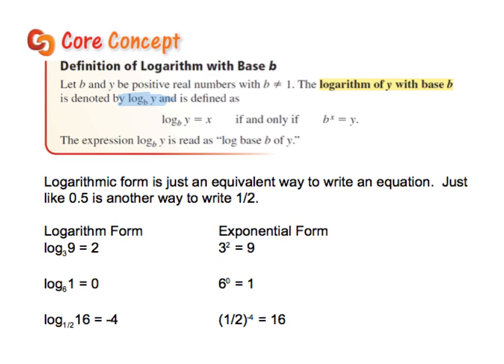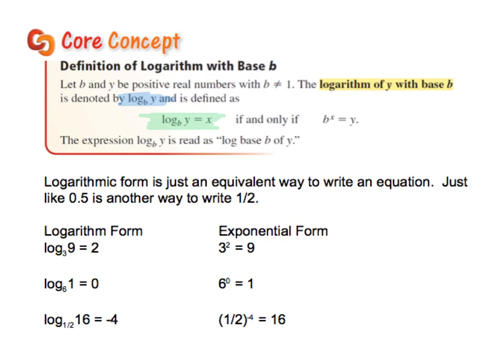And basically, much like we do with a lot of things, we can write the same problem in more than one way. So here on the left, what I'm highlighting in green, is what we would call logarithm form. Most of the time I'm just going to call it log, not logarithm. So this is log form, which basically means you've written it in terms of a log with a certain base.